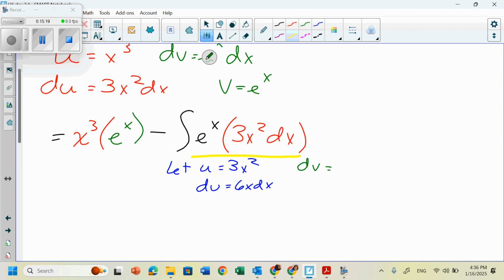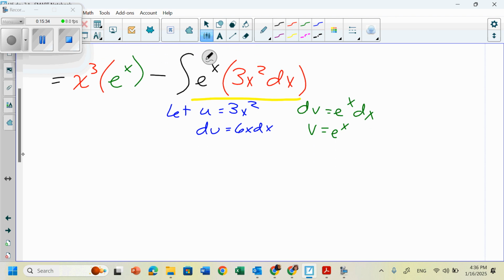So we're going to do this multiple times, just an FYI. So I have x cubed e to the x, that's from above, minus, because there's a minus sign before that integration, it was uv minus the integration of v du.